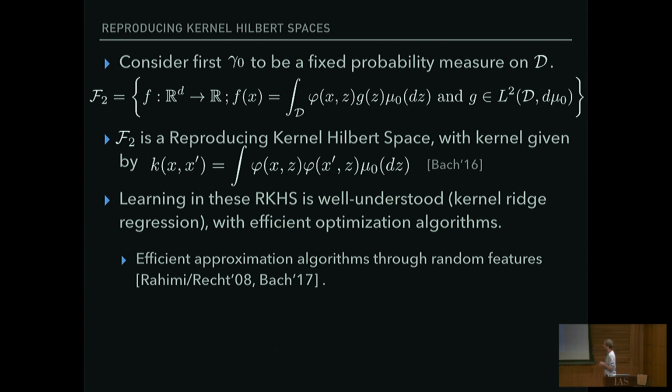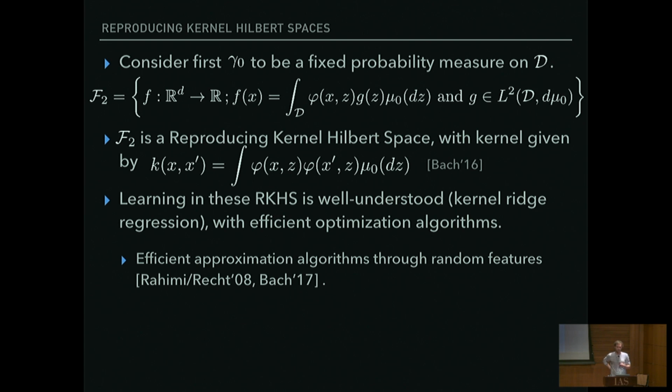And we also understand well the approximation algorithm, right? In other words, we know how to go from this infinite dimensional Hilbert space to sampling. If we replace this integral by sampling, we understand very well the rate of approximation. I'm just citing a couple of papers here, like this one by Ali Rahimi and Ben Recht, which was very influential, but there have been many others, and I believe during this workshop we are going to have a few more talks along this direction.